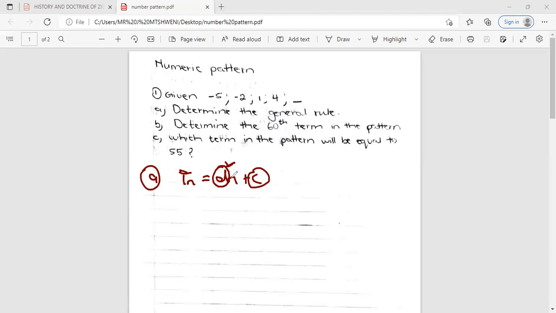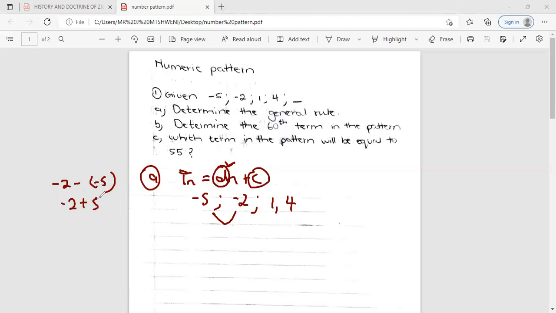How do we find the constant difference? Firstly, let us write the following values: -5, -2, 1, 4. What do we do now? We say term number 2, which is this one, minus term number 1. That means -2 minus -5.